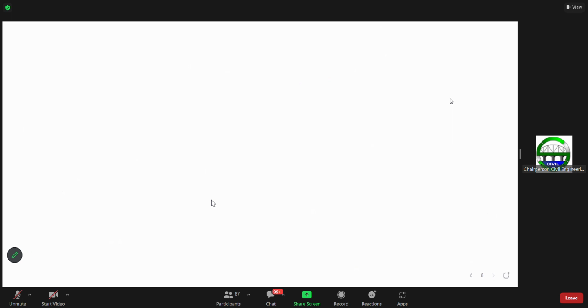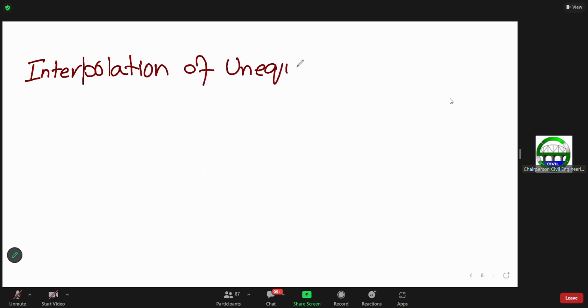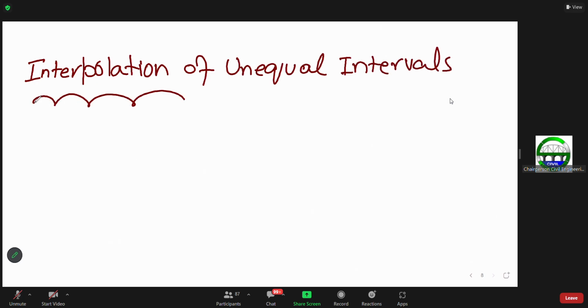The next topic is interpolation for unequal intervals. For unequal intervals, we will study two formulas.